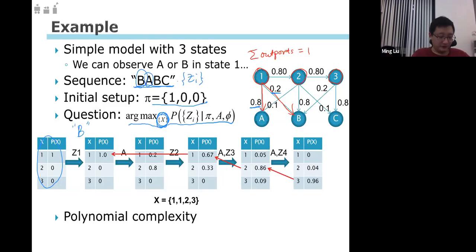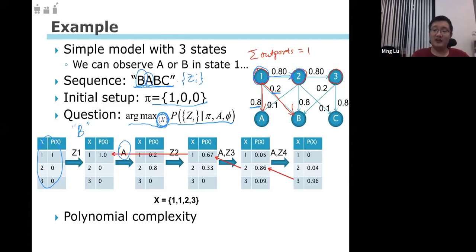Then you multiply with the A matrix. Previously I'm at state 1, so for the next state, 80% of a chance I will transit to state 2.